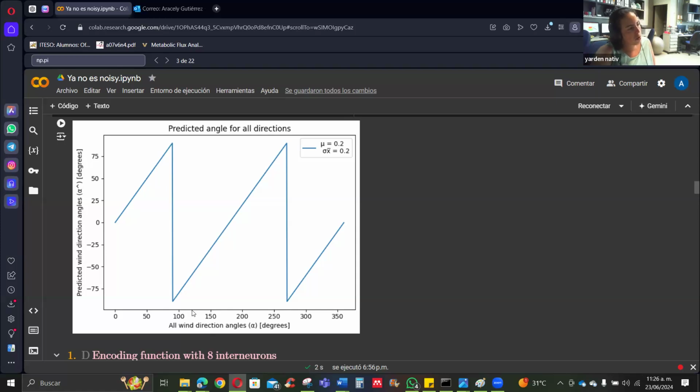But it looks better than before. Yes, something is flipped over there. So 90 here and 270 here, right? Yeah. Maybe you need to see if you rectified or used absolute, something over there.